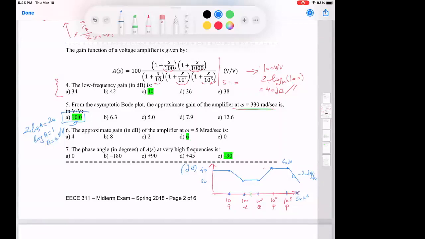So from 10 to the 5 to 5 times 10 to the 6, all I can say is that gain 2 is equal to gain 1 minus 20 log, with slope minus 20, of omega 2 over omega 1, where omega 2 is 5 times 10 to the 6, right? And omega 1 is really the 10 to the 5, okay? And gain 1 is the 40 dBs. Is that correct?